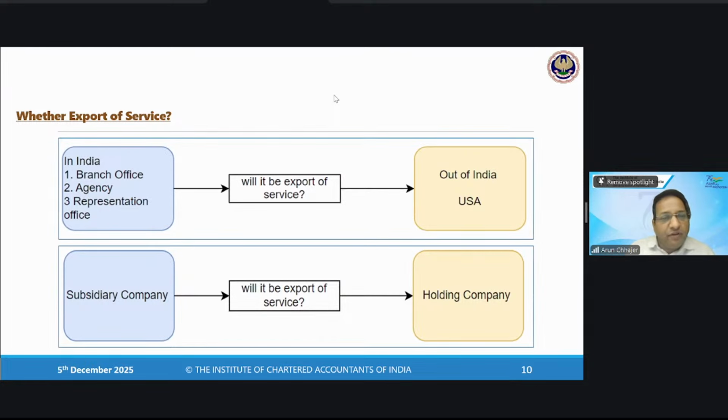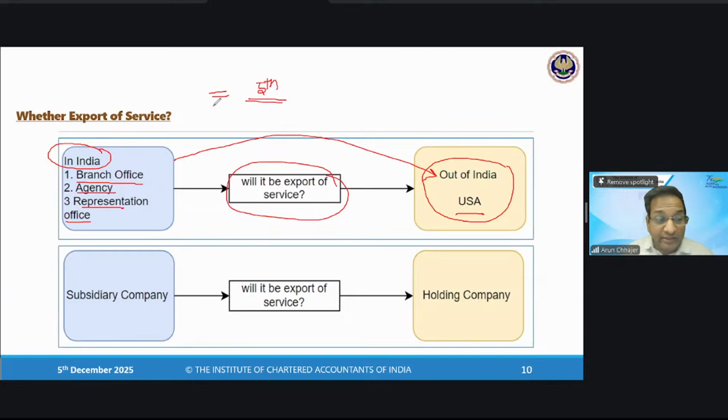They are providing any support service or back office work, and they are raising the invoice and receiving the amount in foreign currency, place of supply also outside India. Will it be export of service? This question is based on the fifth condition only. I would like to discuss only the fifth condition.